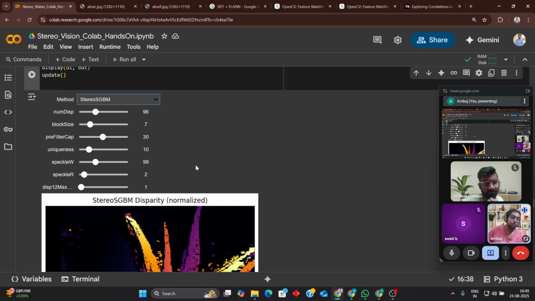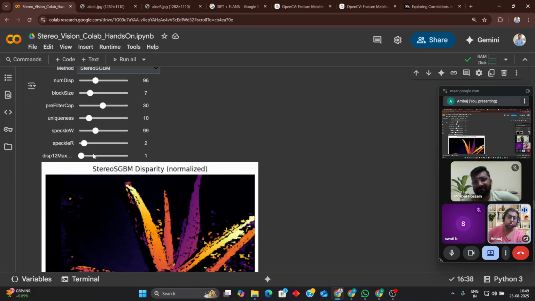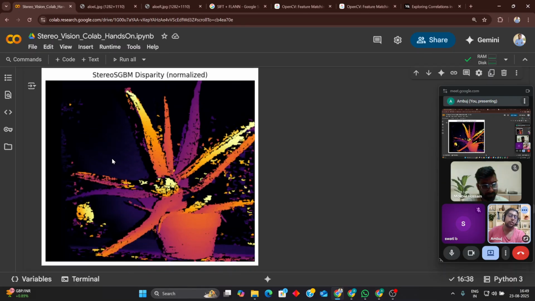But these are very advanced concepts. So for you, I have built a simple type of GUI. Here you would be able to change all the different parameters with a drag button, and try to see for yourself how the performance of our algorithm is changing.